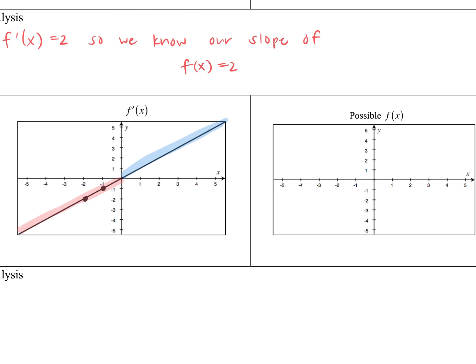So those two pieces of information tell us something about our graph. If we know that f prime of x is less than 0, what does that mean about our graph? The slope is negative. What does it tell us about our function? Yeah, our function is decreasing, right? f of x is decreasing, specifically on the interval from -infinity to 0.